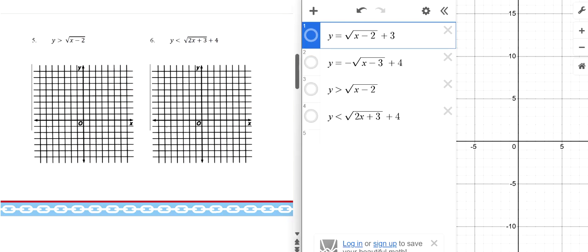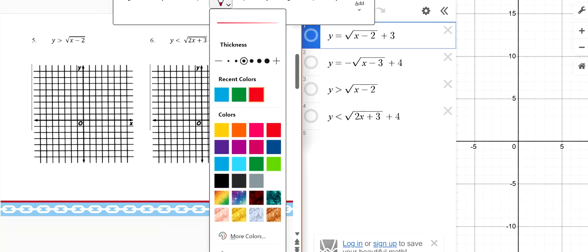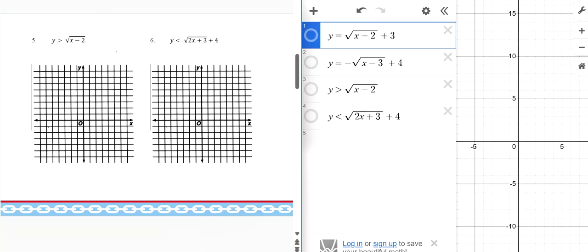For graphing the inequalities, this one, number 5, is pretty straightforward because there are no coefficients involved. So I'm going to have origin here, right 2 because of this negative 2, and then no movement up or down because there's nothing after the radical. So I am going to get a graph that arcs up and to the right. But I have to keep in mind this symbol.